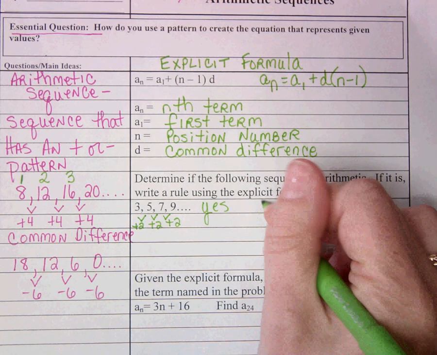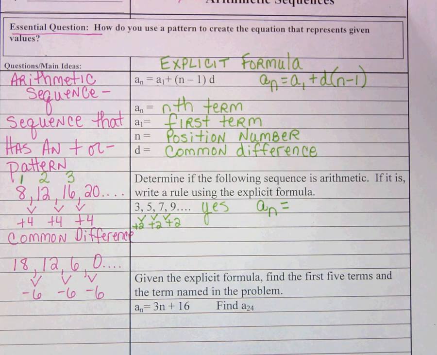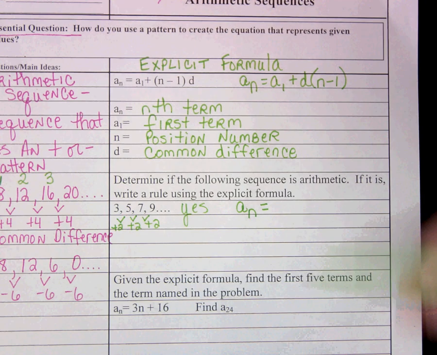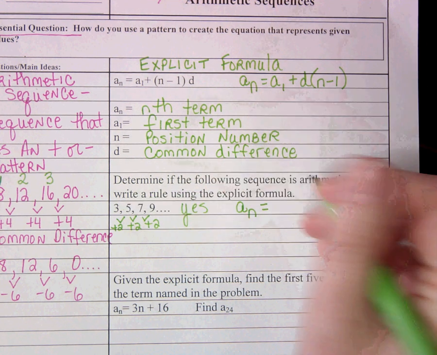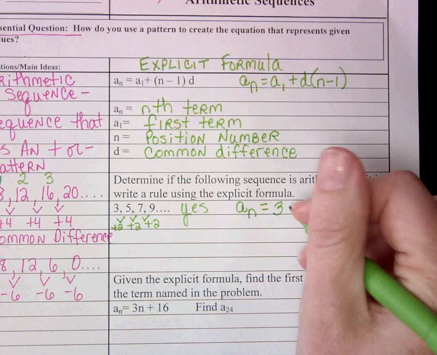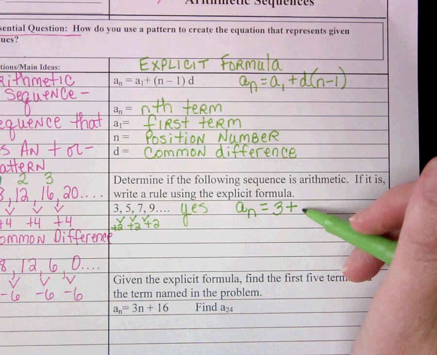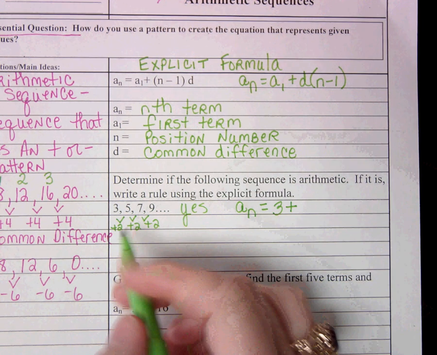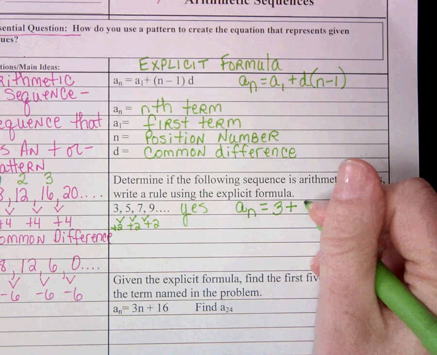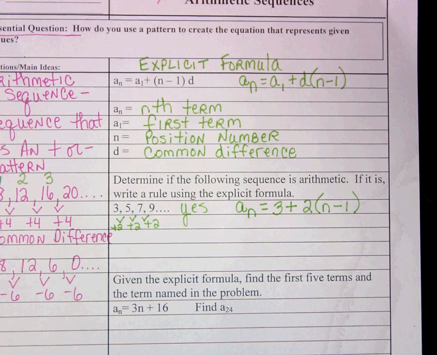So we would say a sub n, so it's just like saying y or something. A sub n equals, okay, so the first term was 3, plus, now we can put the common difference in the back or we can put it in the front of the parentheses. I'm going to go ahead and put it in the front because I think that's more comfortable. The common difference was 2 times n minus 1. So this would be filling in the explicit formula.